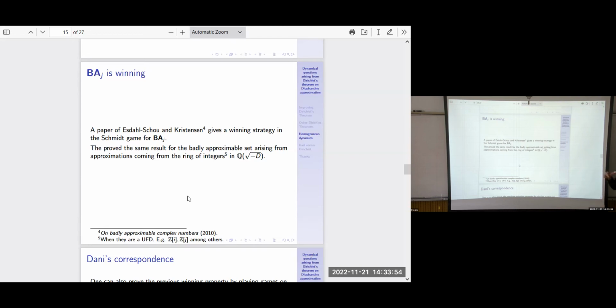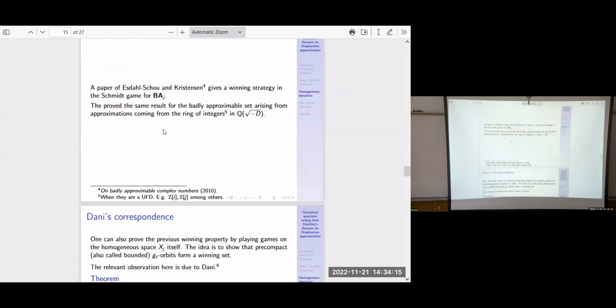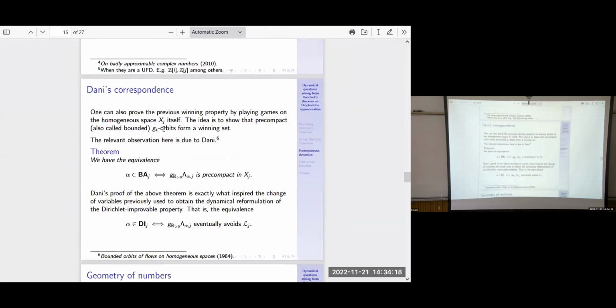They prove that Daj intersected with some fractals also has full dimension. But in any case, all we need is that Daj has full dimension, and they do it for a whole bunch of rings of integers. Okay, so again, for free, we have Daj is winning.